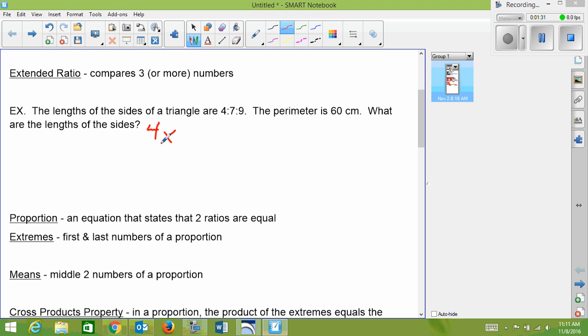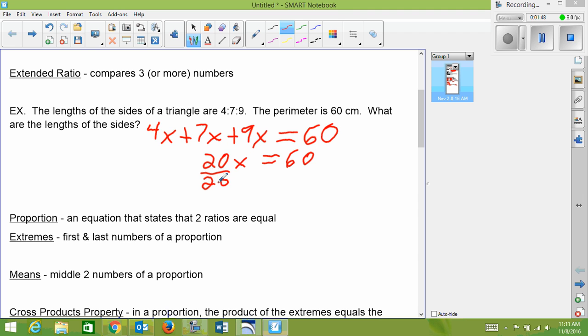So 4 times whatever x is plus 7x plus your 9x is going to give you 60. So if you add up your x's, you get 20x equals 60. Go ahead and do your last step there, divide it. So therefore your x is 3.